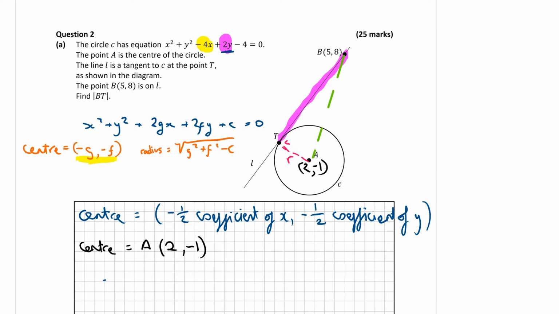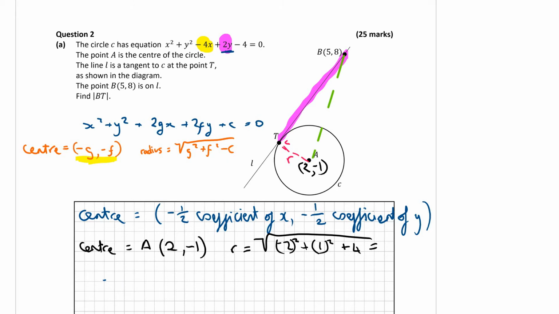Now, let's work out the radius. The radius is going to be, just straight from the tables, the square root of g squared plus f squared, minus c. Well, g here is minus 2, so it's minus 2 squared, plus f squared, which is 1 squared, minus c, so minus 4, which is plus 4.